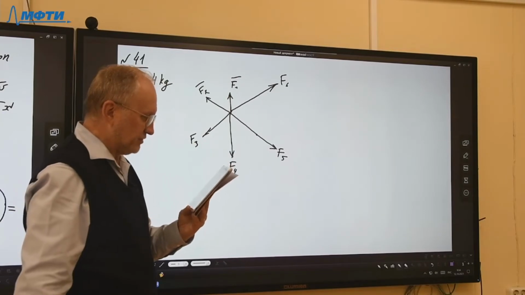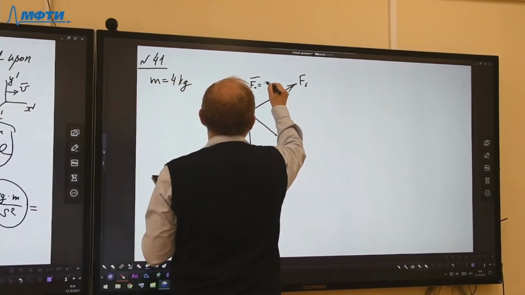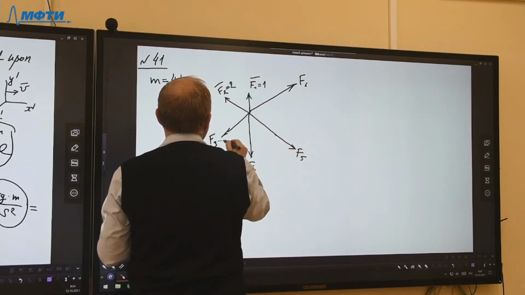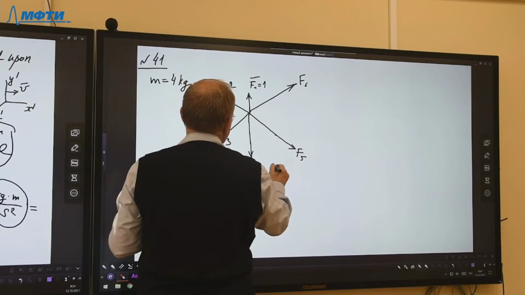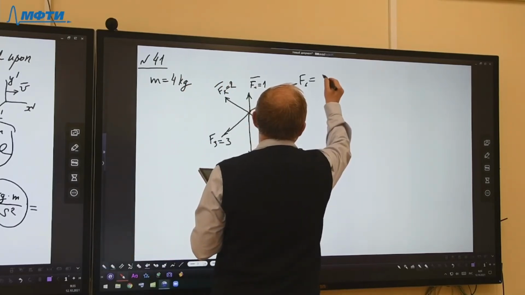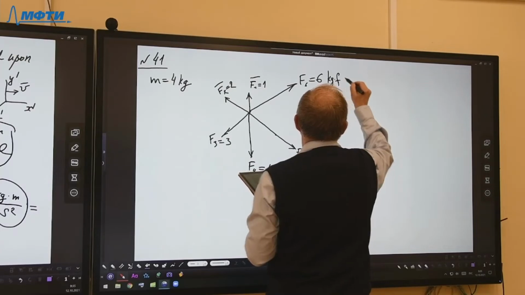The magnitudes of these forces are given. Force 1 is 1 kilogram force, this is 2, this is 3, this is 4, this is 5, and this is 6. The units mentioned here are kilogram forces.